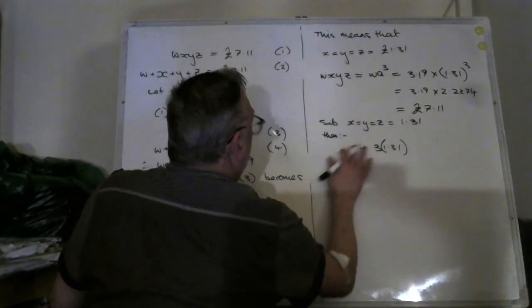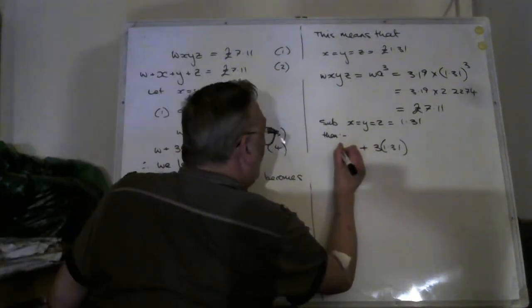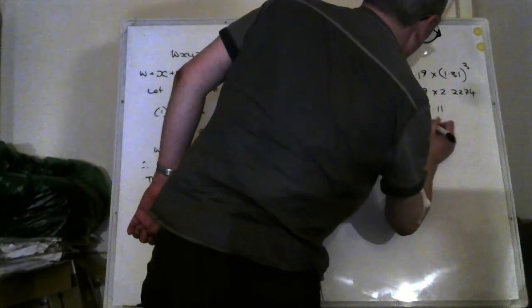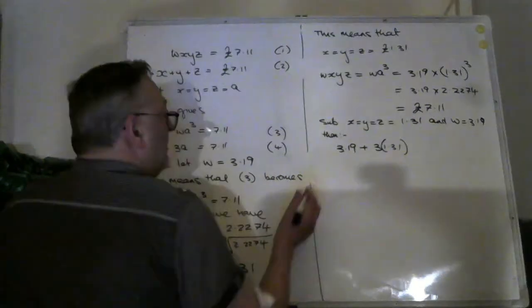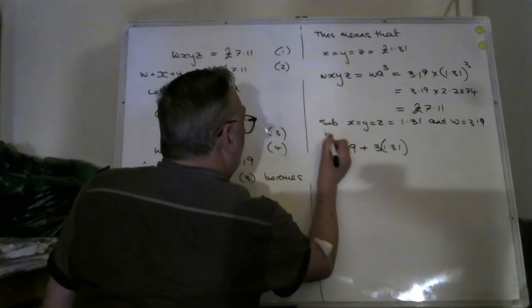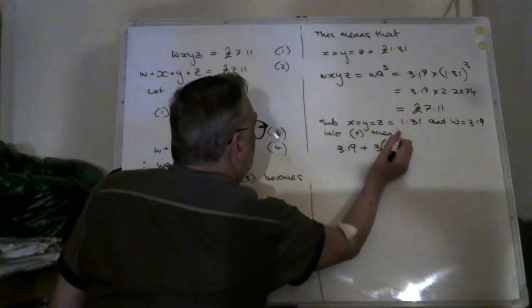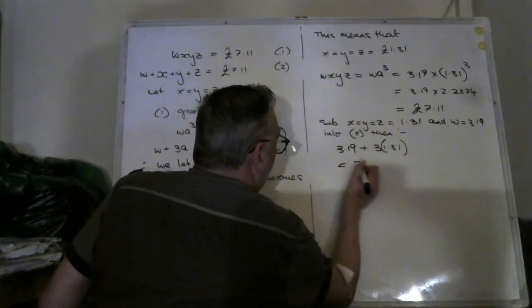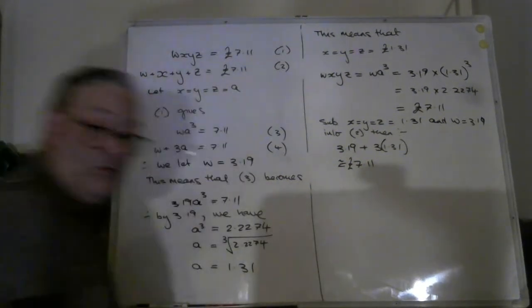But we know what w is, don't we? So what do we say w was? 3.19. So if we substitute x equals y equals z equals 1.31 and w equals 3.19 into equation 2, then we've got 3.19 plus that, which is equal to roughly 7.11 pounds. And that is one way of doing it.